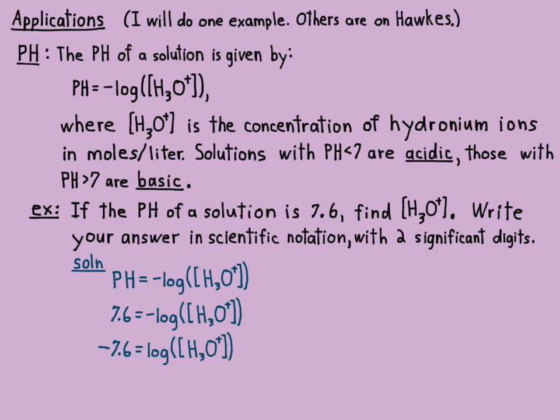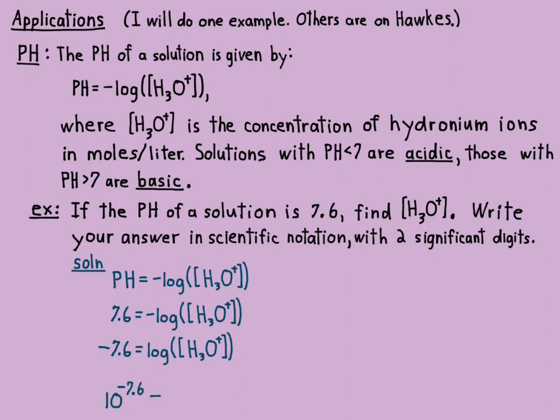Now, that's a log base 10. Remember, with a log base 10, we don't write the base. So that means I need to compose both sides of the equation with the inverse function of log base 10, which is the exponential function base 10. What that does is it puts a 10 in the base and the left side in the exponent, and on the right side it puts the 10 in the base with the log of the concentration of the hydronium atoms in the exponent.